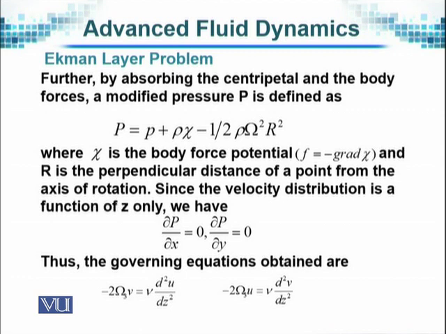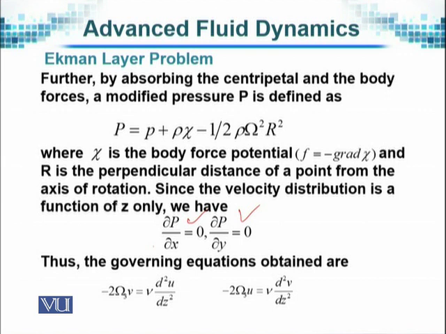Now, since the velocity distribution is a function of z only, the pressure derivatives with respect to x or y are 0. That implies that the partial derivative of p with respect to x is 0 and with respect to y is 0. So the partial derivative of p with respect to z will be non-zero.